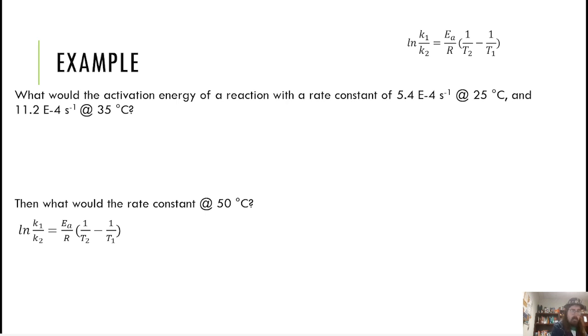And then the last question is, what would that rate constant be? Well, what's K3 if T3 is 50?